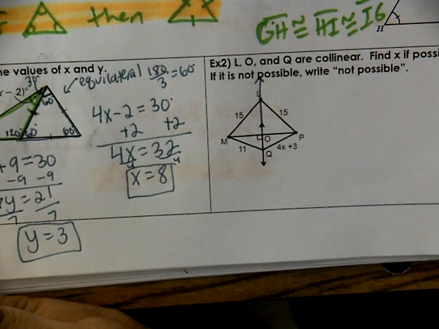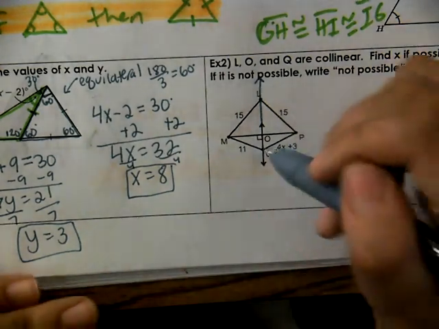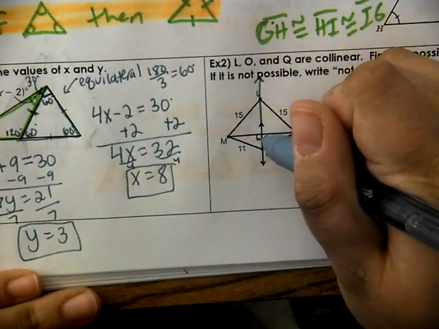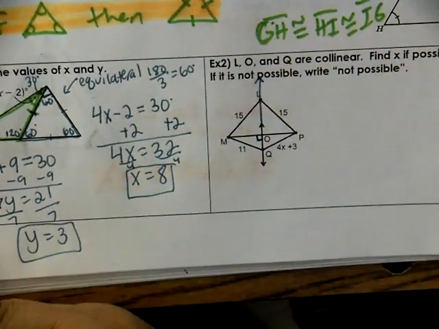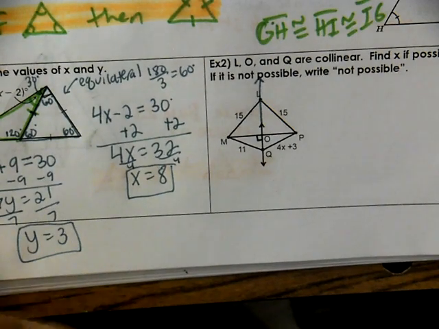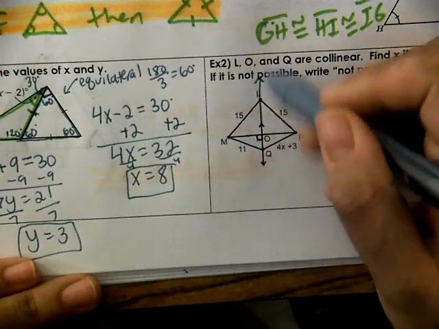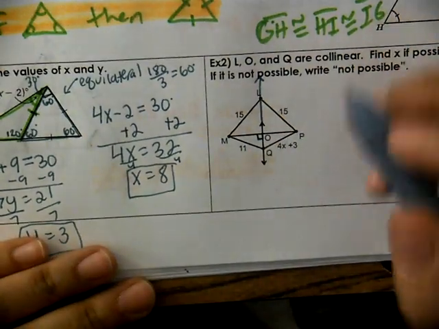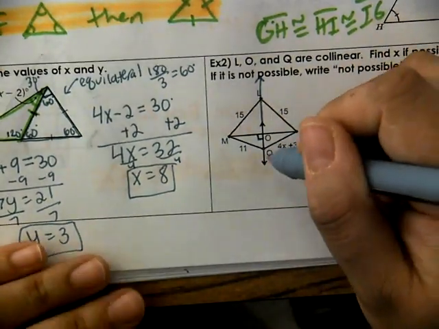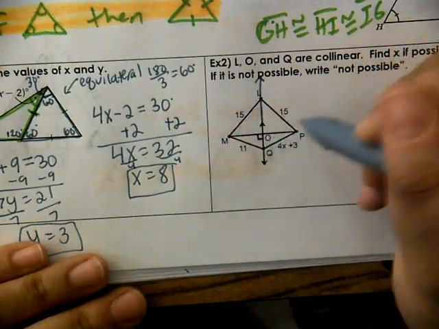It has to deal with the diagram, and we can tell already that we have a right angle here. And our goal is, do we have enough information to know that they are congruent to each other? Or do we have like a perpendicular bisector? Because if we do have a perpendicular bisector, then we'll know which segments are equal.